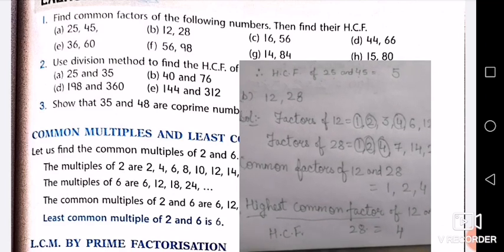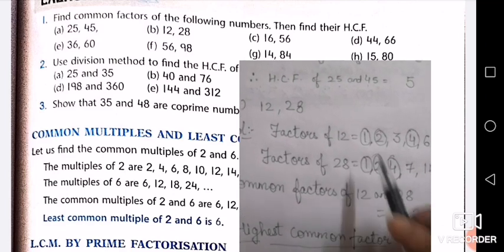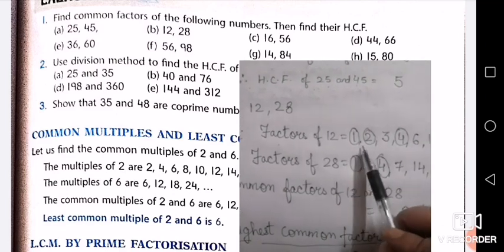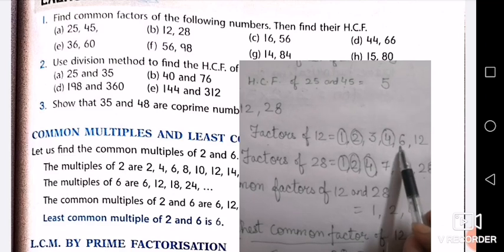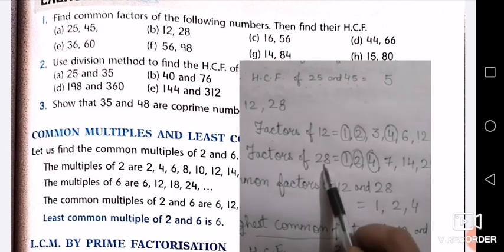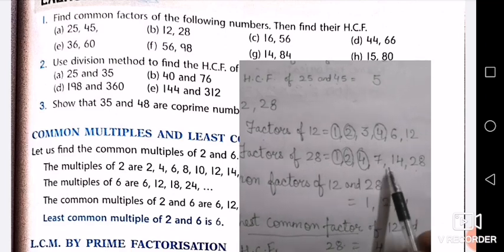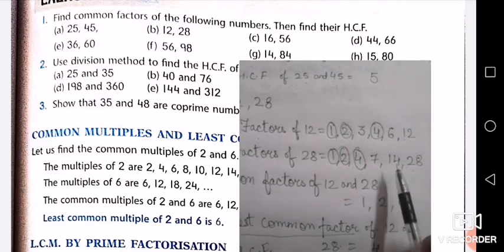I hope this question is clear to you all. What we have done: first we have written the factors of 12, which are 1, 2, 3, 4, 6 and 12. After that we have written factors of 28: 1, 2, 4, 7, 14 and 28.